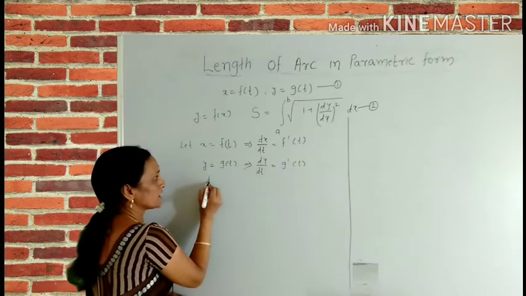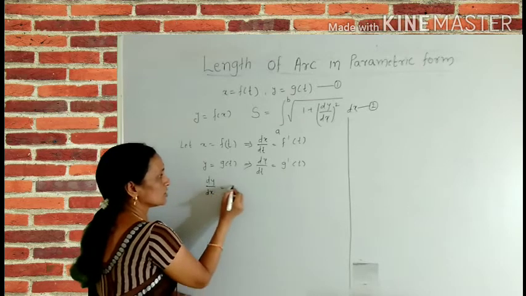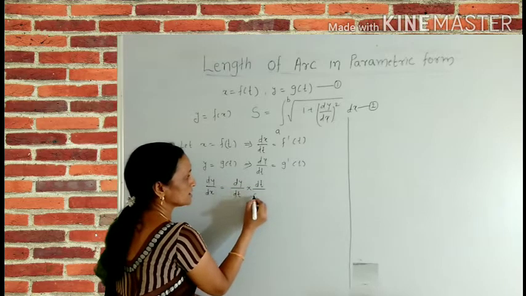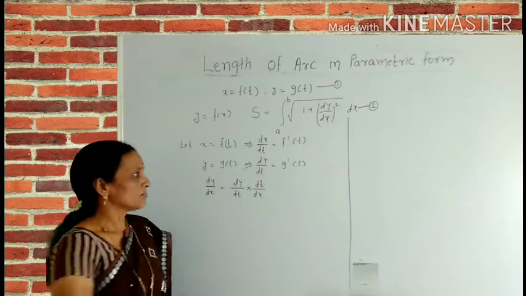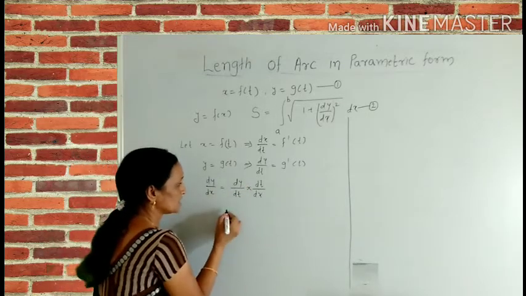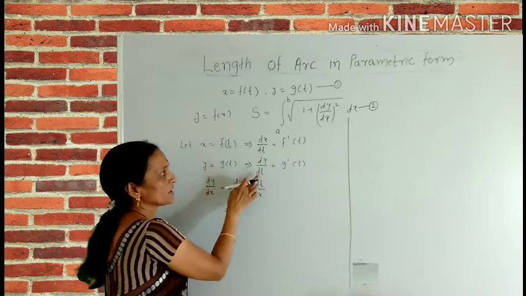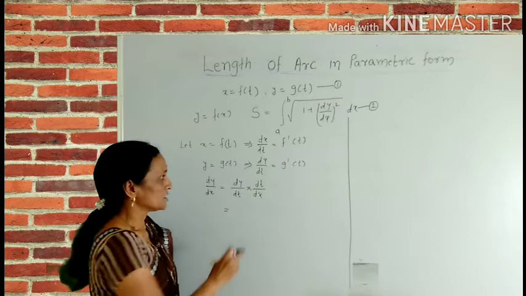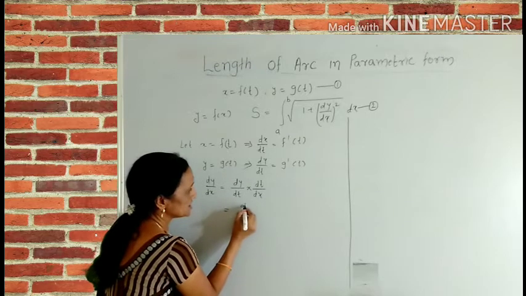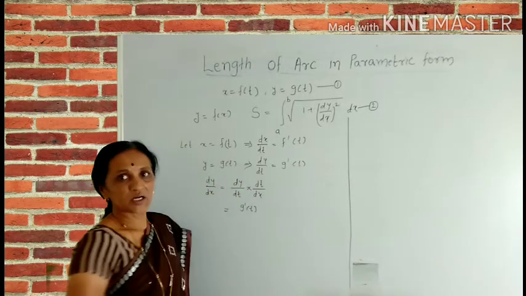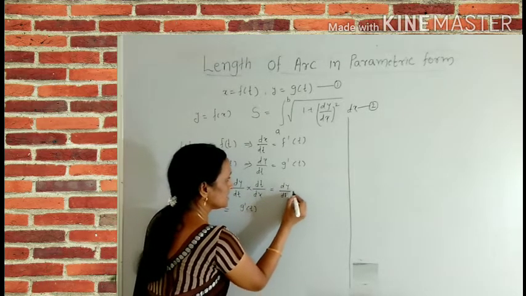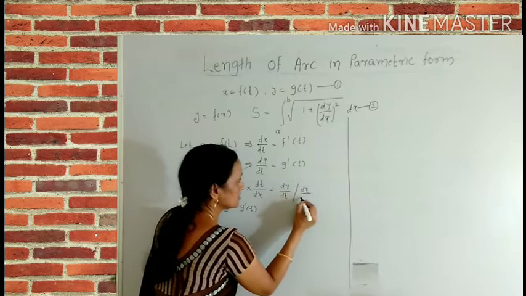We know that dy/dx equals dy/dt multiplied by dt/dx, which is nothing but dy/dt divided by dx/dt.